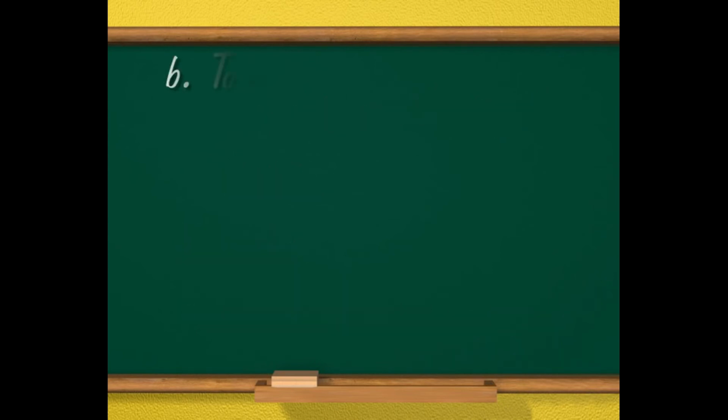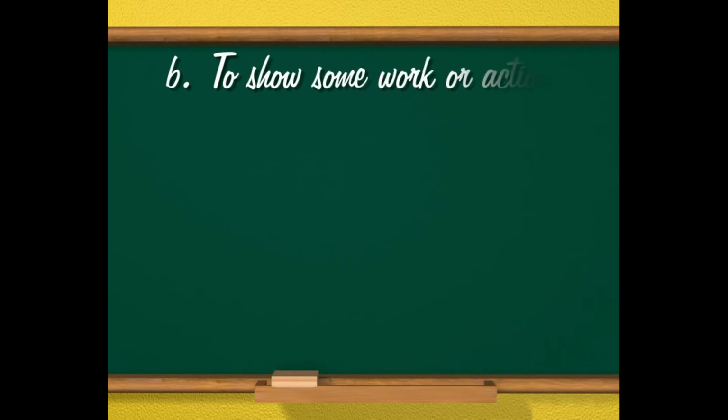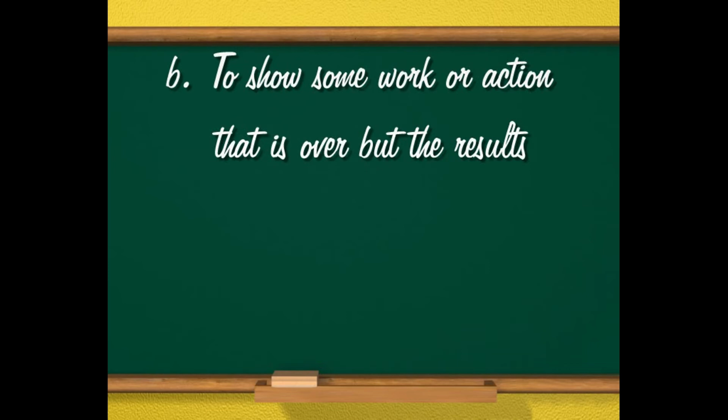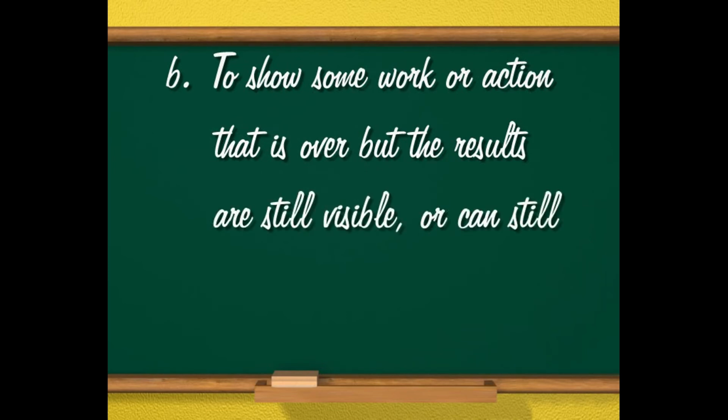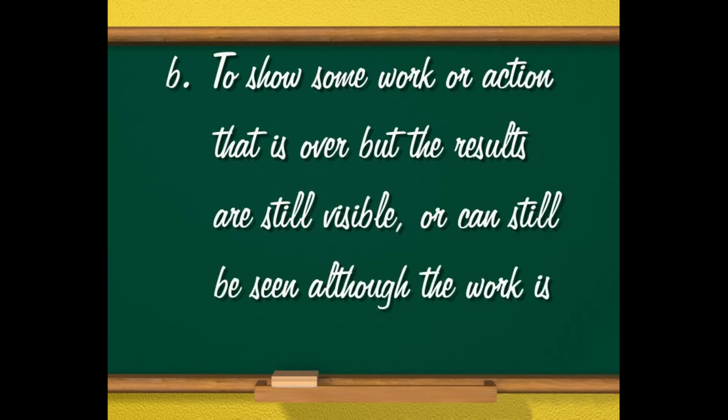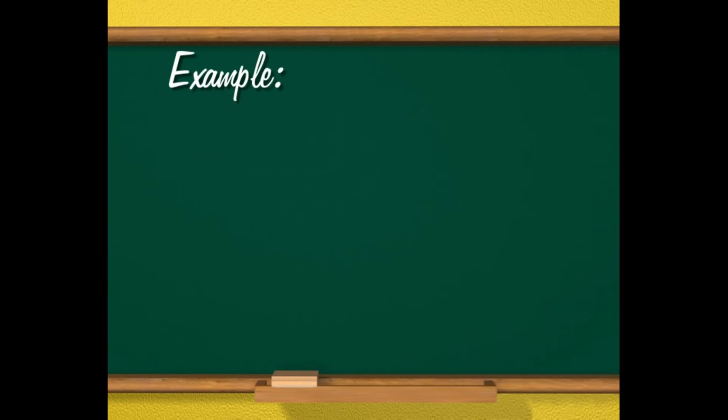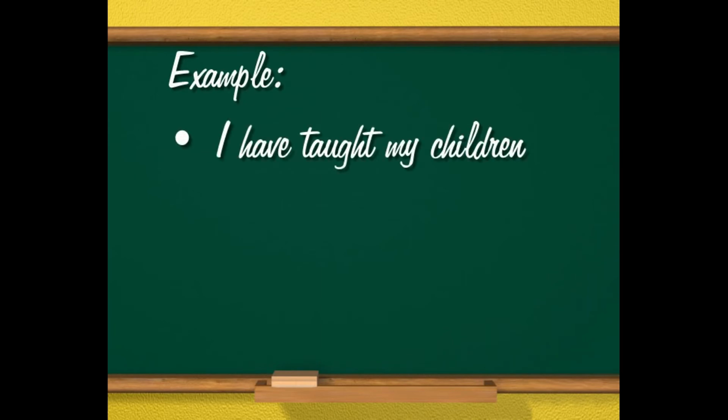B. to show some work or action that is over but the results are still visible or can still be seen although the work is over. Example, I have taught my children how to make toys.